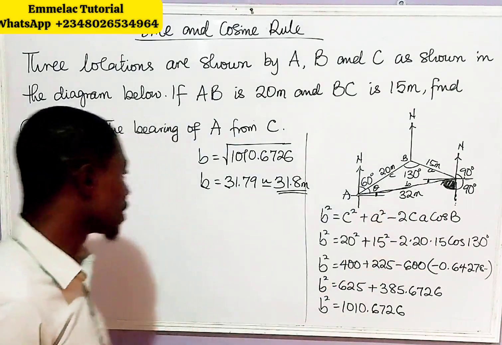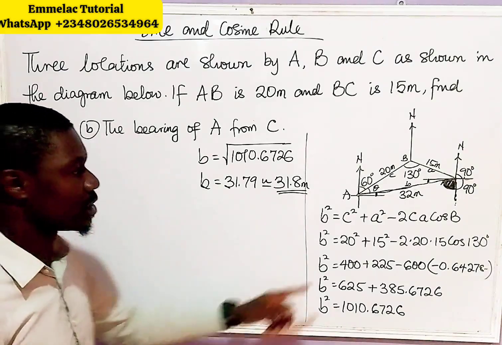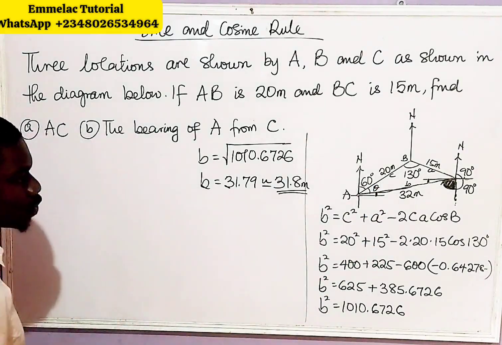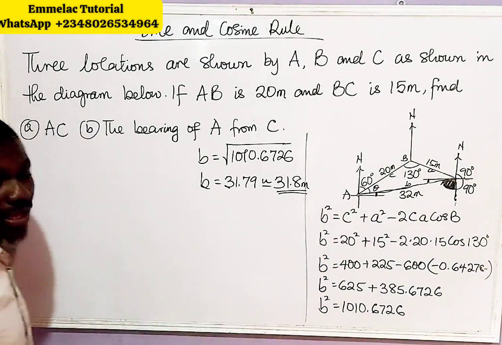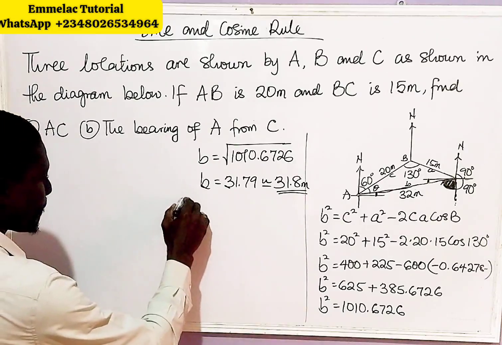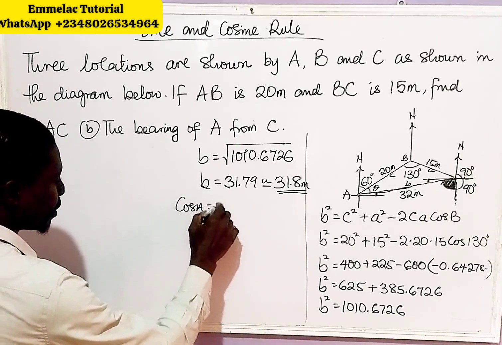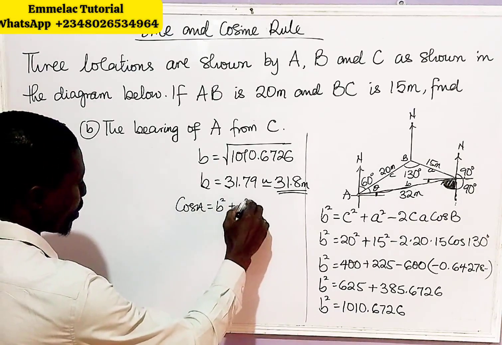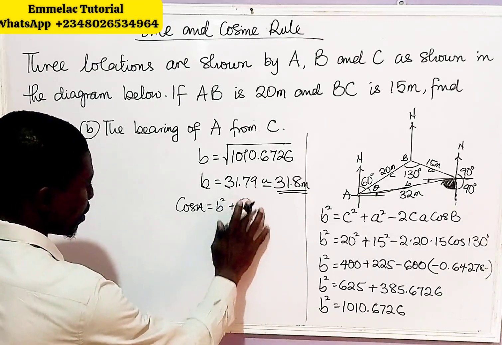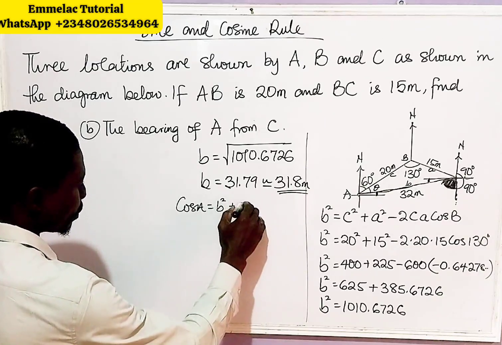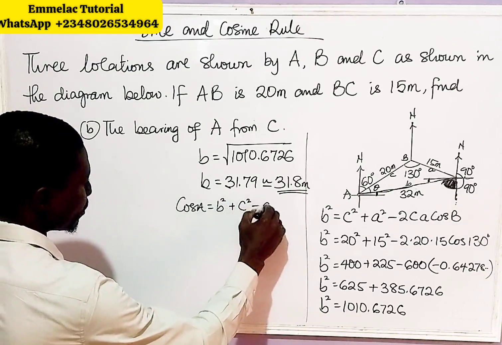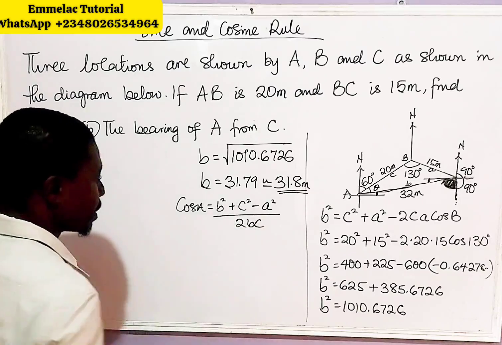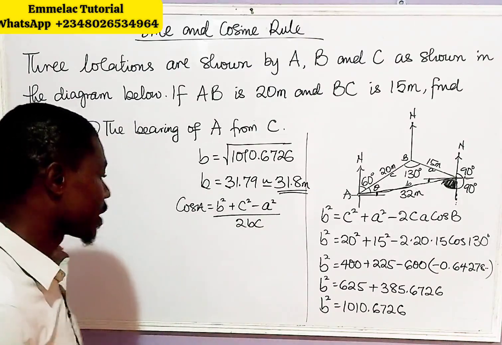Since we have three sides already and we are looking for this angle, we just make use of the cosine rule once again, but this time around the angle here will actually be the subject of the relation. So since we are having A, we can have it as cos A equals b squared plus c squared minus a squared, all over 2bc. Okay, so let us just plug in.